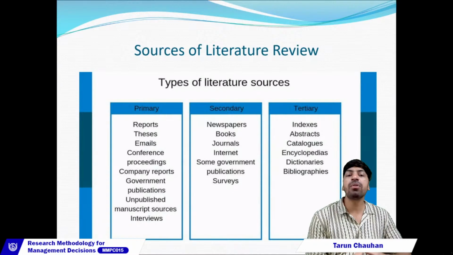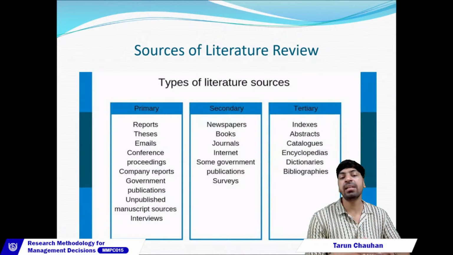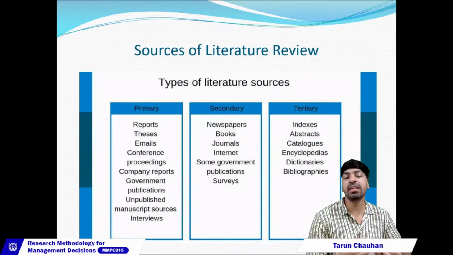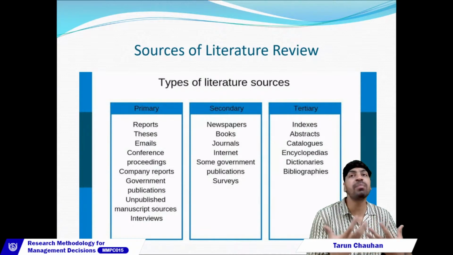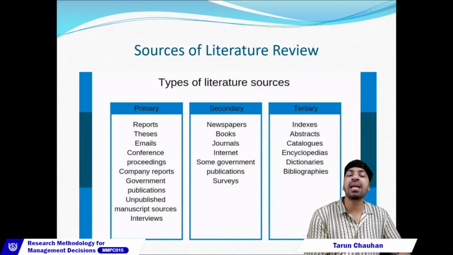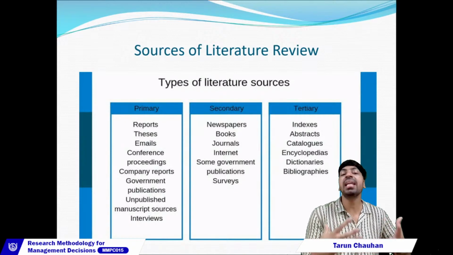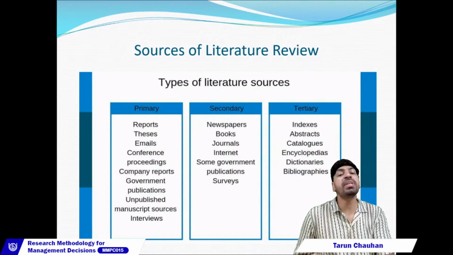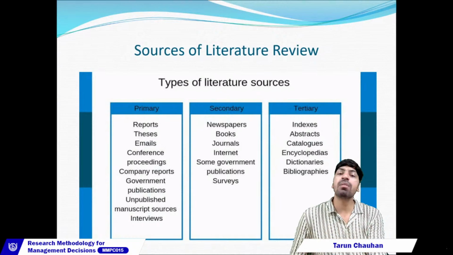When we talk about all these sources, if a researcher is applying primary data or primary sources of literature review, these are the categories a researcher can apply or adopt in his review. Let's talk about secondary.